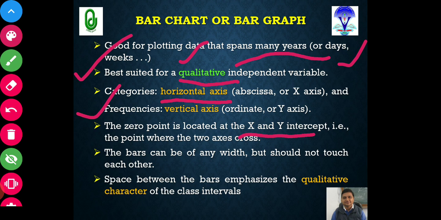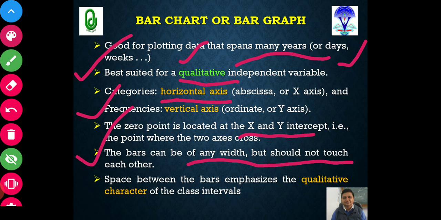Then the bar can be of any width. Width is not important in the case of a bar diagram. In a bar chart, you have to remember that width is not important. Why is width not important? Because we are only displaying the numerical value on the y-axis. Only the height of the bar will be important because it represents the frequency.